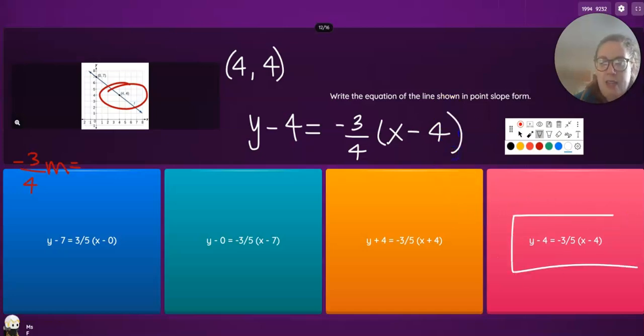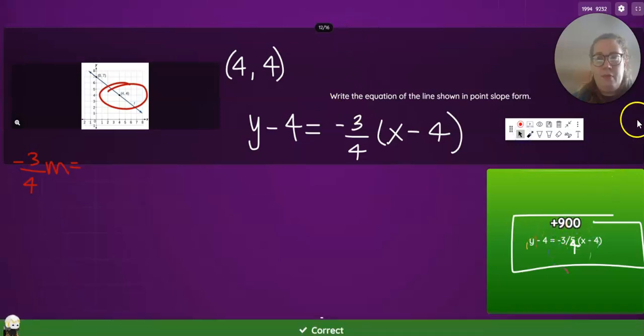The only one that has that correctly is this one, only we have a typo here on all these slopes. It should be negative 3/4. I will fix that. So don't worry about that. So you're going to choose that option, and then just fixing it real quick. And then we're going to go look at the next one together. Save. Okay. Brilliant.